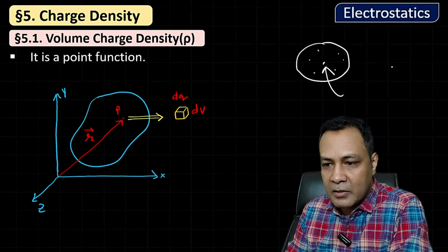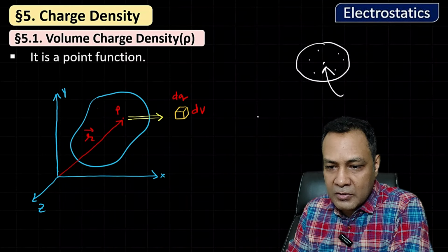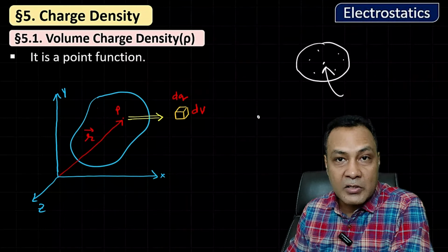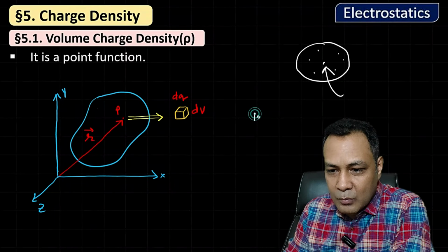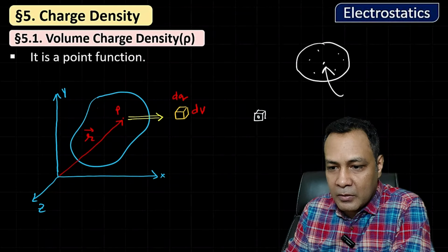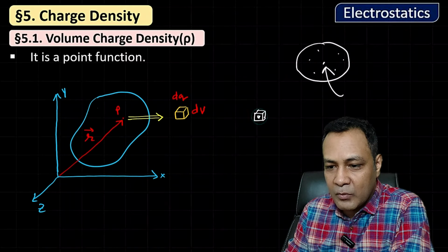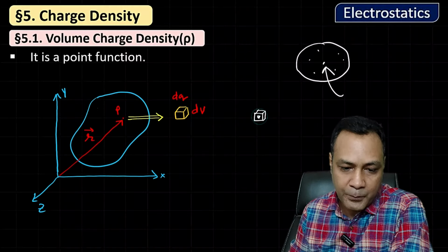So the trick is that I will take a very small volume surrounding that point, still a very infinitesimal volume. So specifically now I can say that this is the charge density at this point.